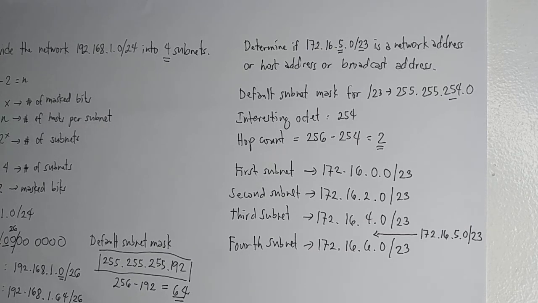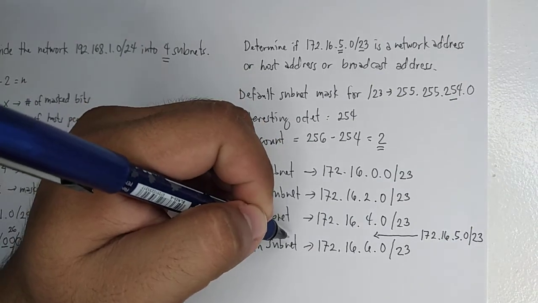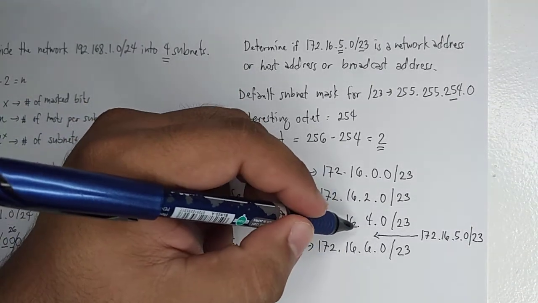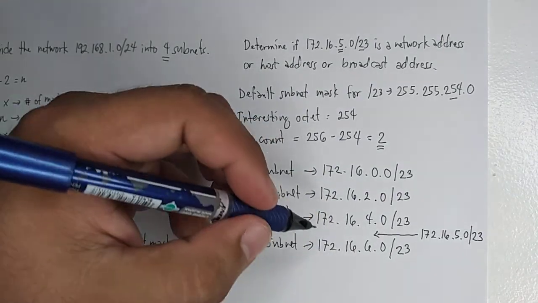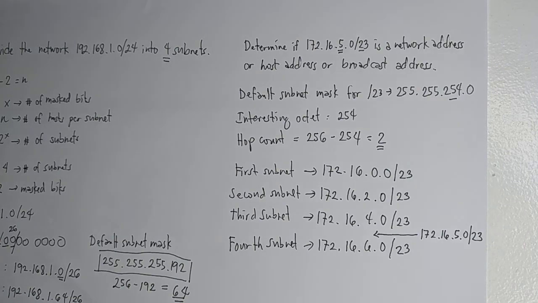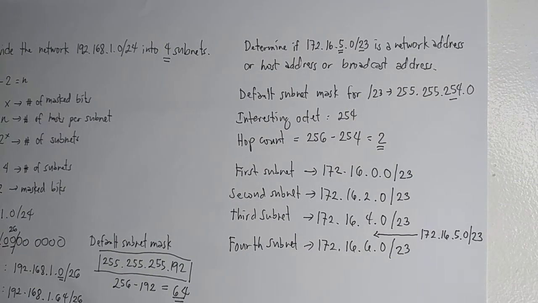It is located in between the third and the fourth, so generally it is still part of our third subnet. That's the third network address that we have, and this is part of our host addresses. So we'll proceed to the next example.